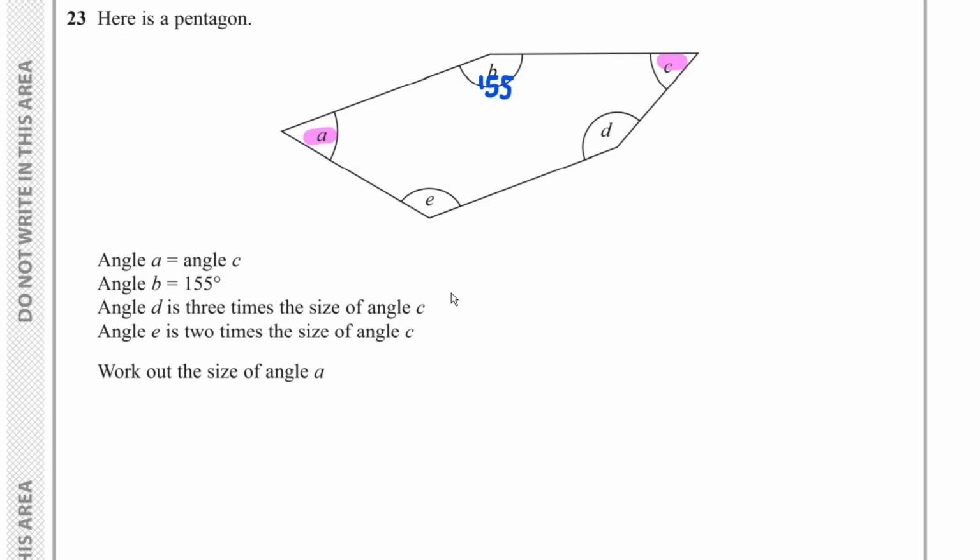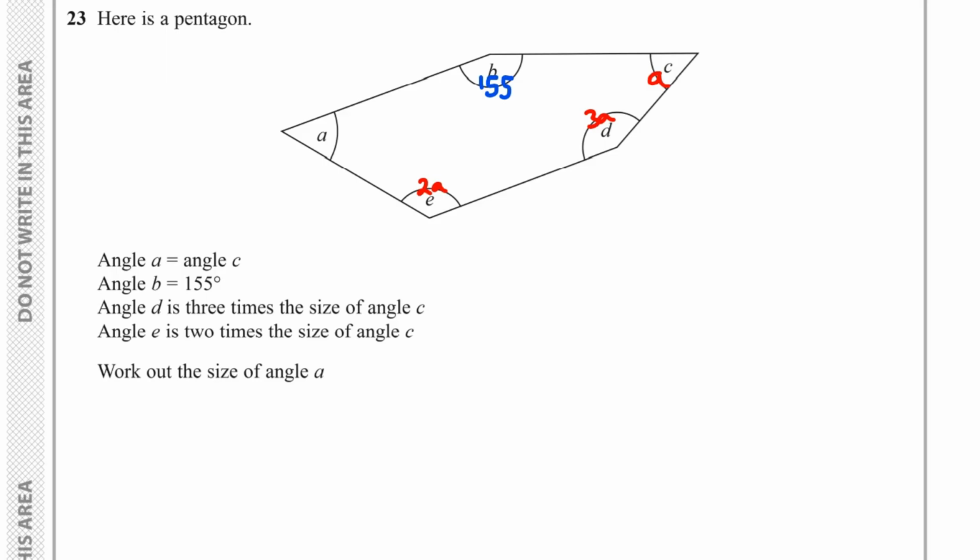The angle D is 3 times the angle C. And then we know that angle E is 2 times the angle C. So if you know that this is A and this is A, that means this we can replace with A. And then we know that D is 3 times the angle C. So here we've got 3A. And we know that this angle is twice the angle C, so that's 2A. Because A and C are the same.